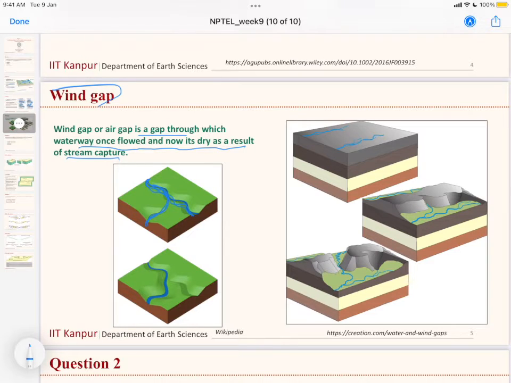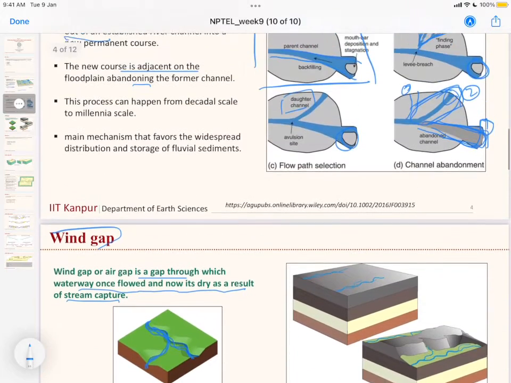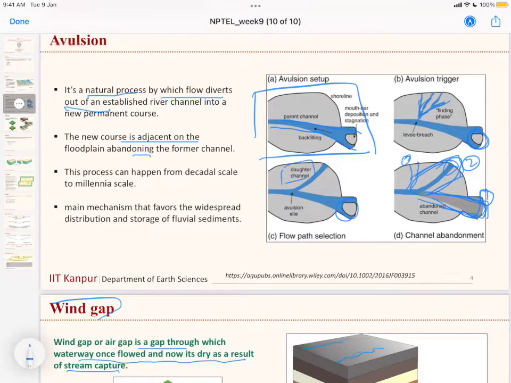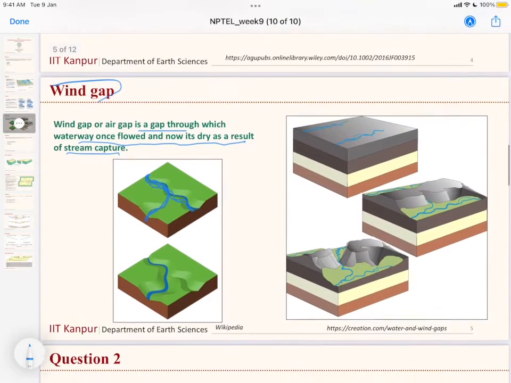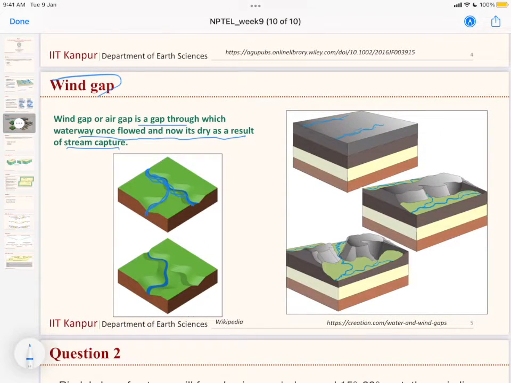Now one must ask that even in the earlier process, for example in avulsion, the same kind of phenomenon was happening, but avulsion is a natural process, whereas the wind gap is a process that happens when certain tectonic processes happen, or due to the repercussion of a tectonic process. By repercussion of the tectonic process I mean, for example, let's come to the second figure.